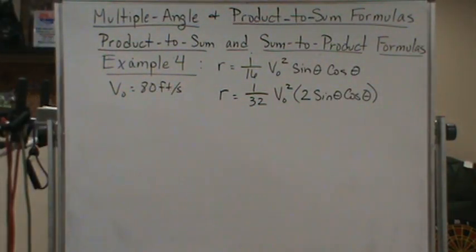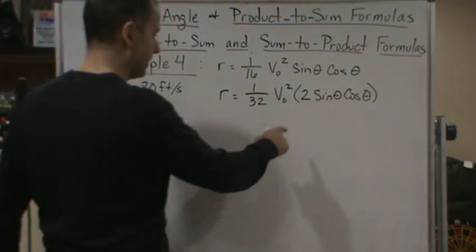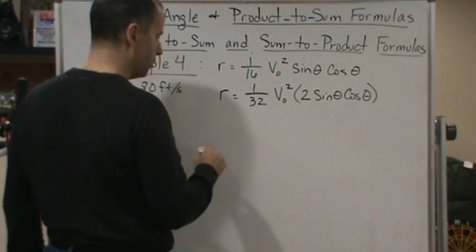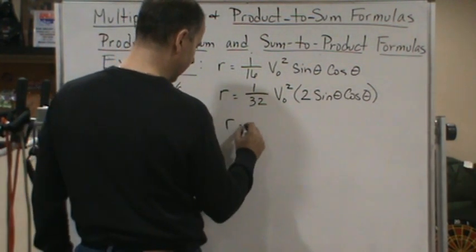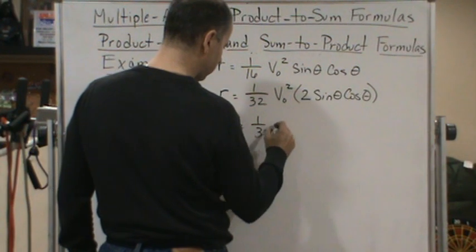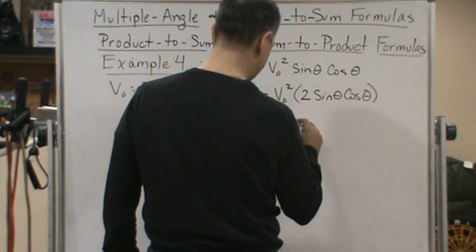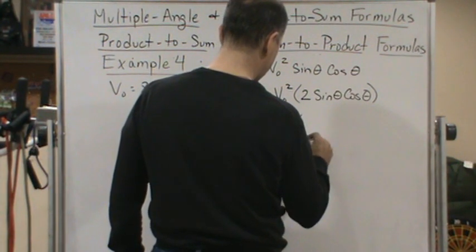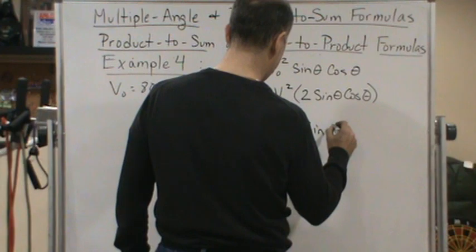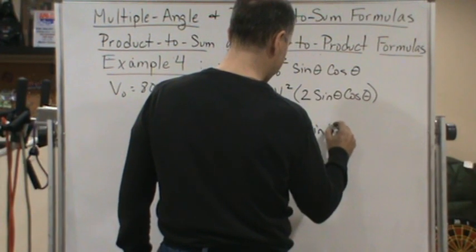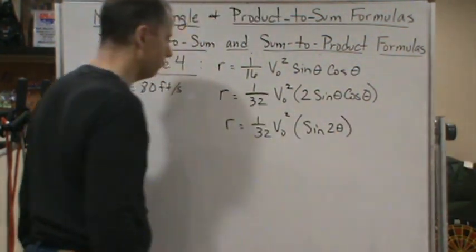Now I can do something with that because we can use the double angle formula. I can rewrite this as sine of 2 theta. So R equals 1/32 v naught squared times sine 2 theta.